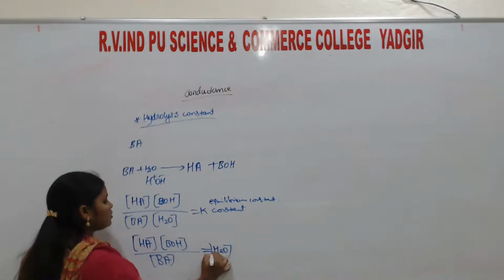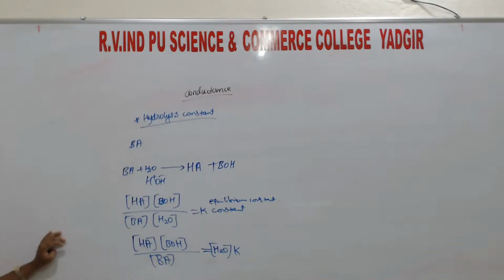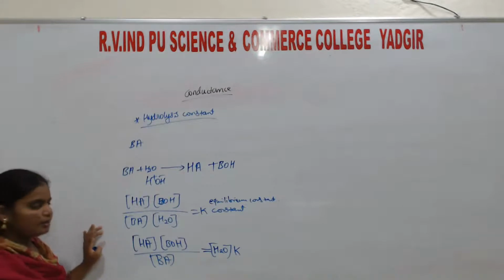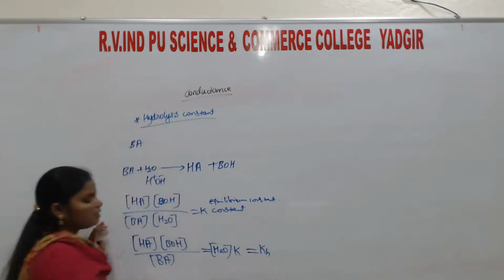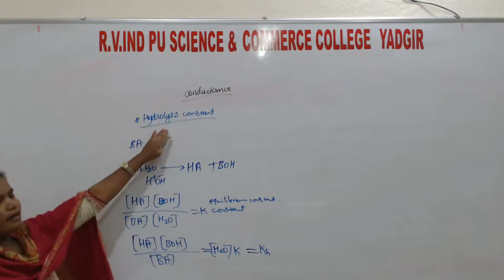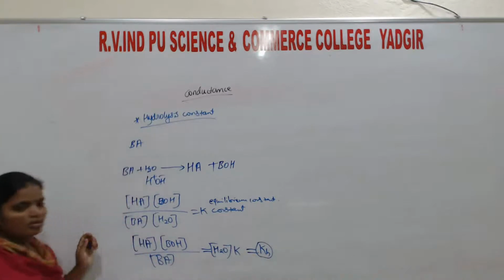This is written as KH. KH is the hydrolysis constant.